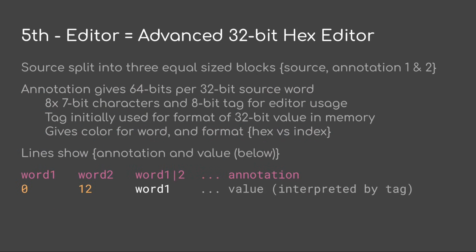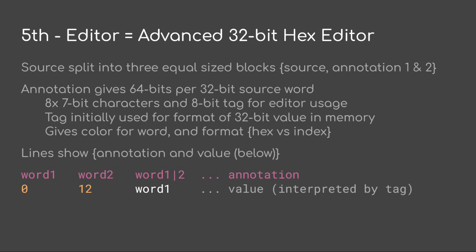So for the editor, I'll just do an advanced 32-bit hex editor. I'll split the source into blocks, and then each one of those blocks will be split into subblocks. And the subblock will be source and then some annotation blocks. And so for every 32-bit source word, I'm going to have, say, 64 bits of annotation information split across two 32-bit words.